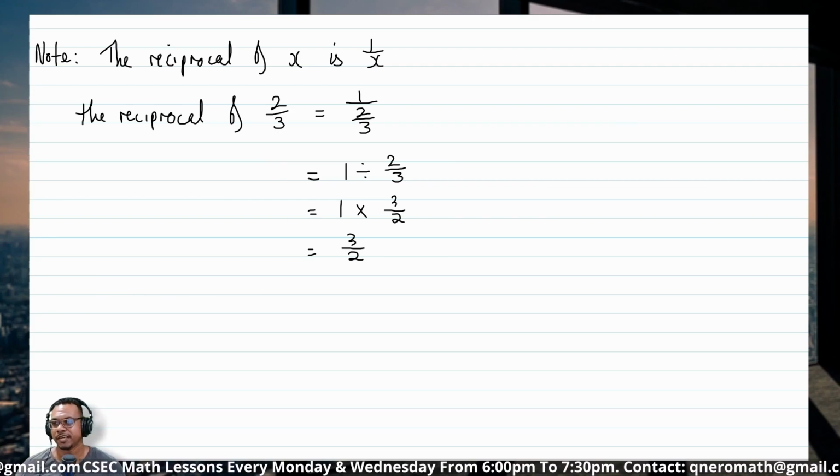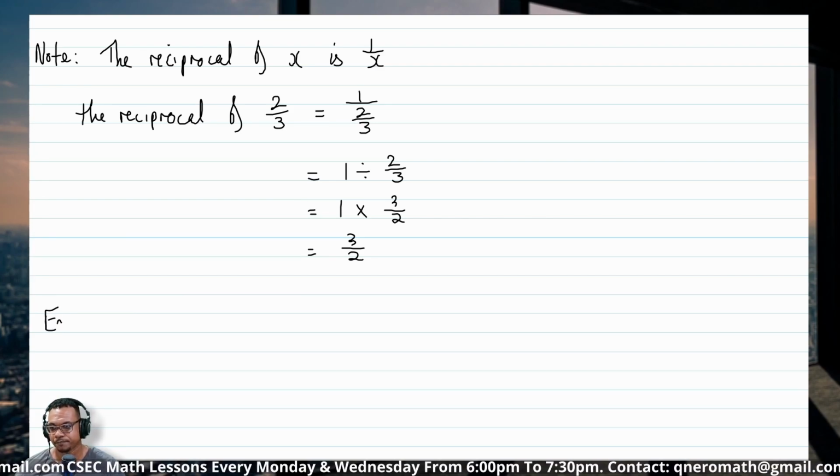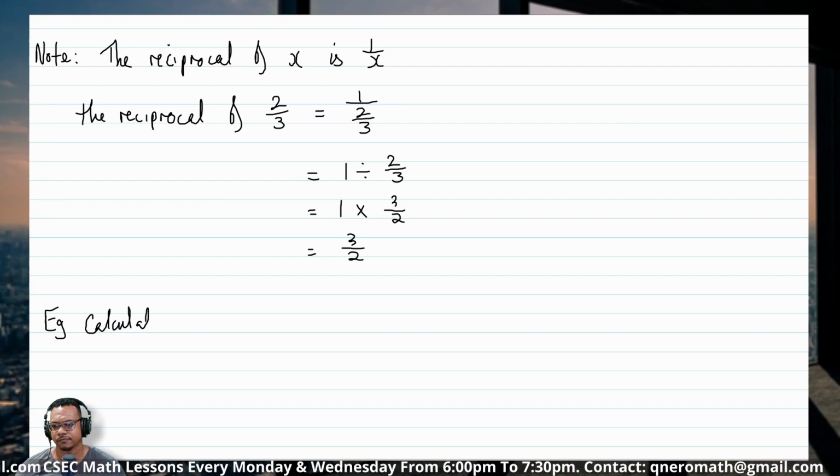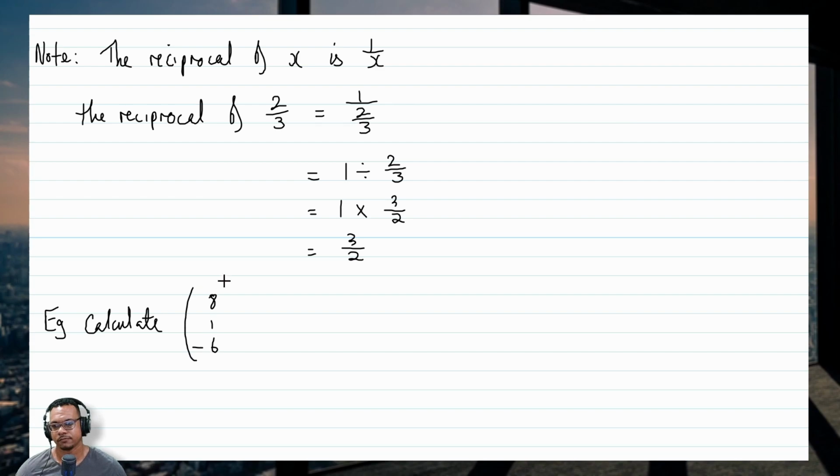So what I'm trying to get at here, I'm going to give an example down here. Calculate the matrix 8, 1, -6 divided by, using that same thing, 2/3.